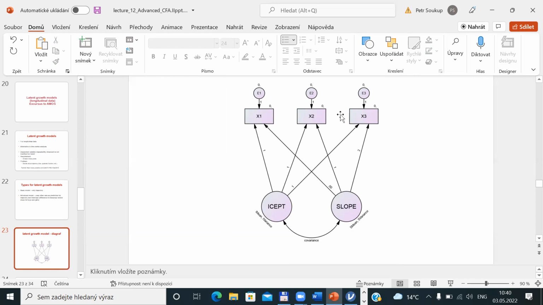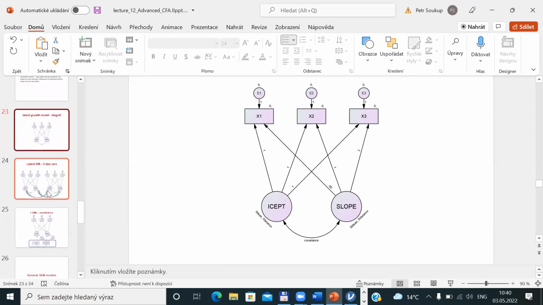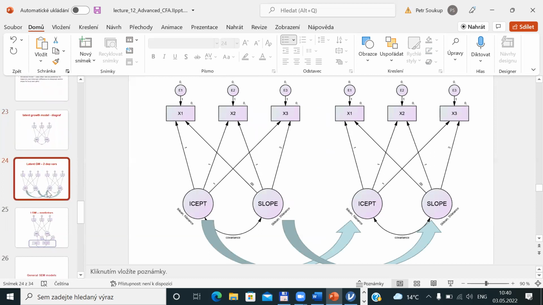We can apply, and I have 2 more pictures, if I remember well, in my presentation, some more advanced models for latent growth curve models. So we will go to the next 2 pictures. So here, for example, you have 2 models. Here is the one. Here is the second one. For example, here it would be for mathematics, and here it will be for science.